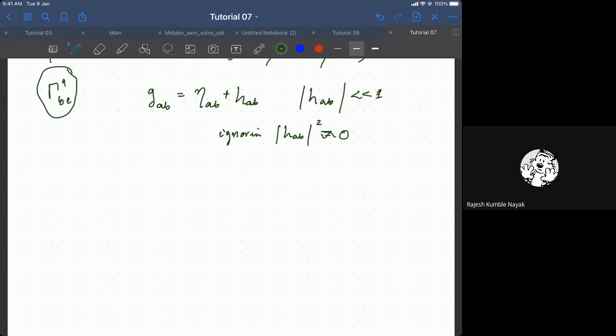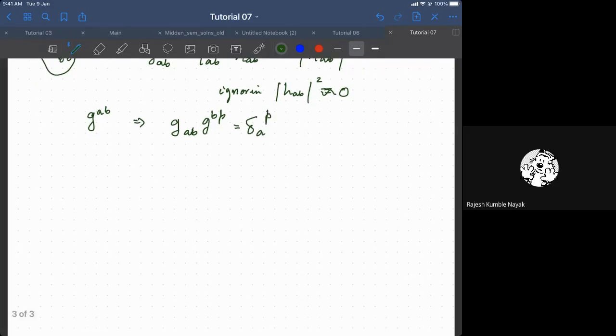You have to see that it is not sufficient to have this metric alone. We also need G with upper indices. So how do we know that? How do we do that? We know that GAB with lower index and upper index have to be inverse of each other, and that is what we have as a delta AP. Now how do we go ahead? We simply substitute this.